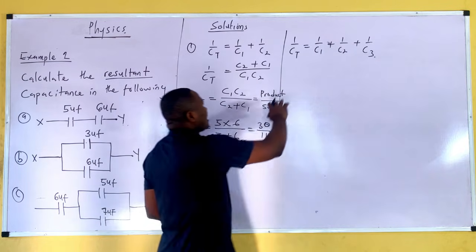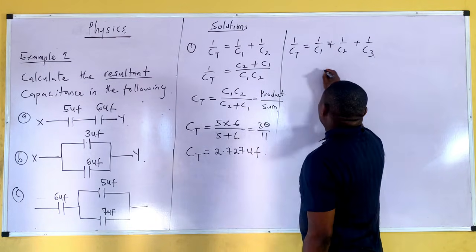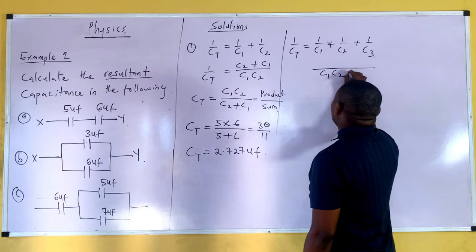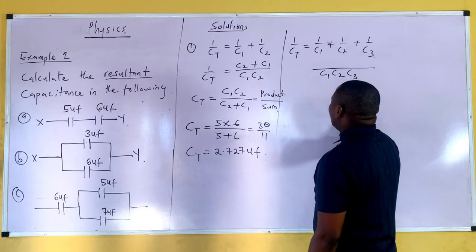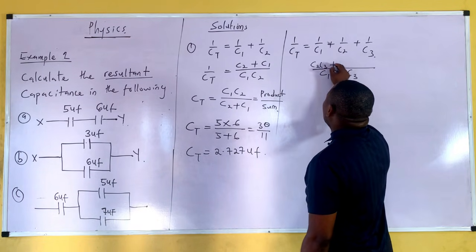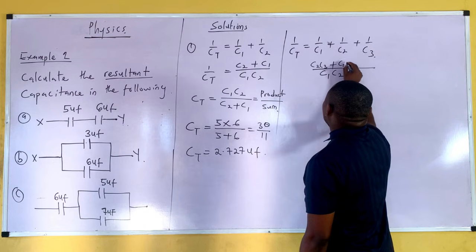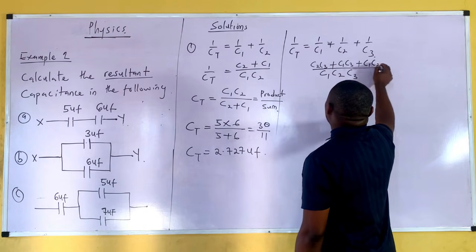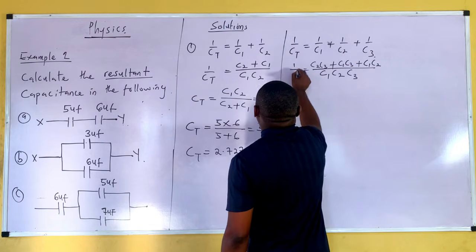Now, what if it's up to 3? The LCM will be C1, C2, C3. These are the products. Then this takes this, I have C2, C3, plus this takes this, I have C1, C3, plus this takes this, I have C1, C2, equals 1 over C total.